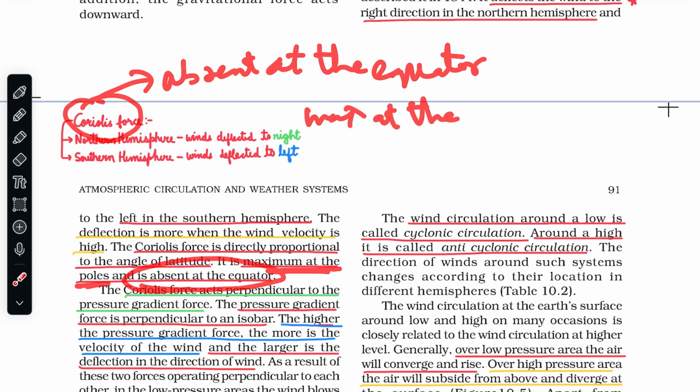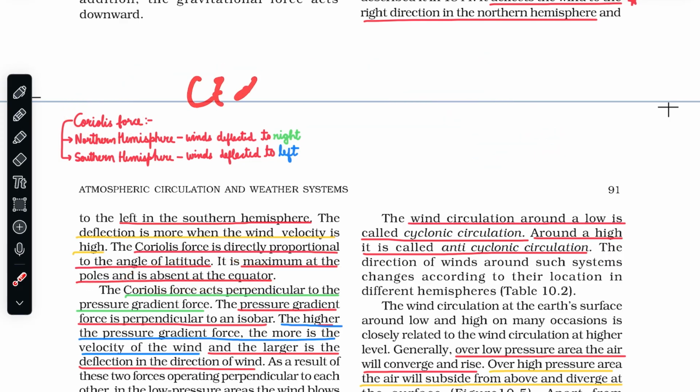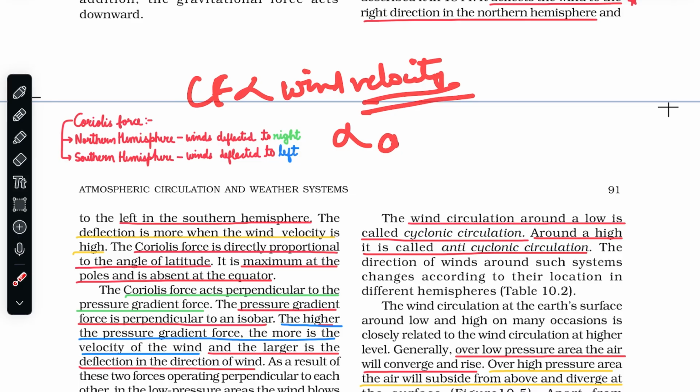We've read about the Coriolis force being directly proportional to the wind velocity. More the wind velocity, more is the deflection. It is also directly proportional to the angle of latitude.